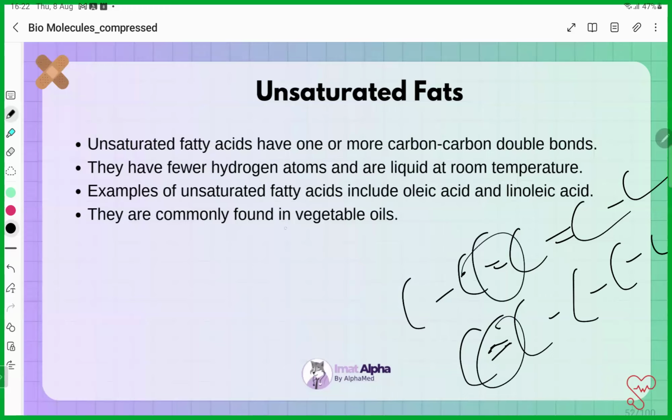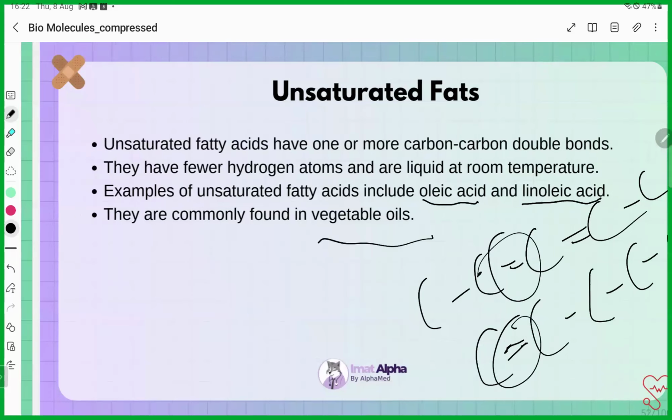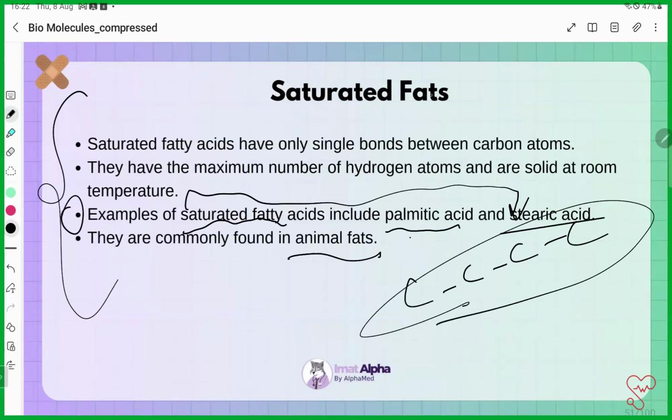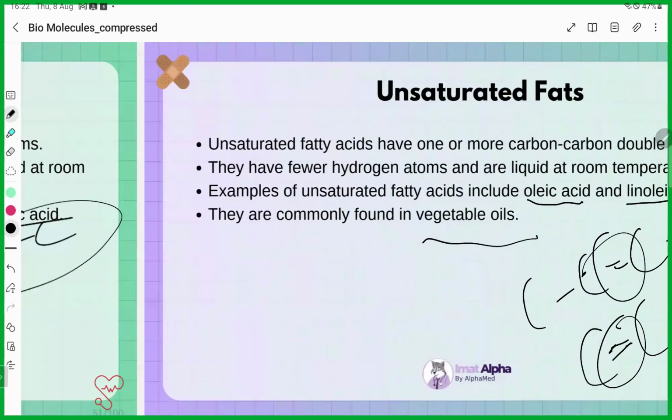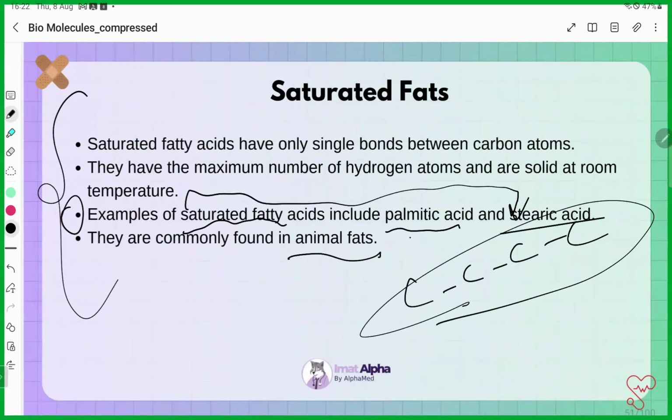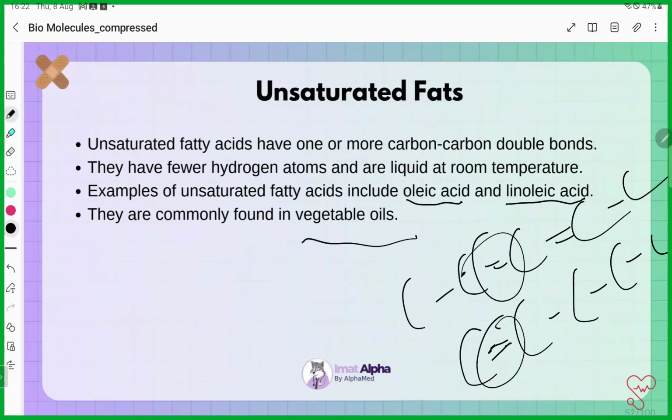They have fewer hydrogen atoms and are liquid at room temperature, like oleic acid and linoleic acid. They are commonly found in vegetable oils. So the saturated ones are found in animals and the unsaturated in vegetables. Saturated are stearic and palmitic acid; unsaturated are oleic and linoleic acid, found in vegetables.